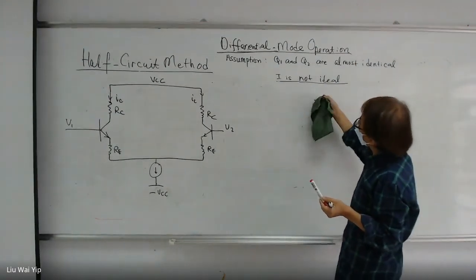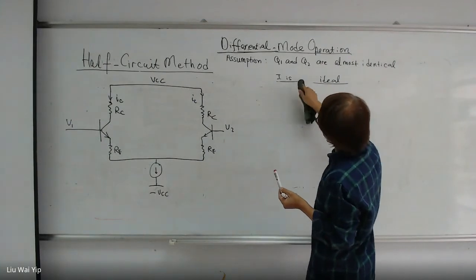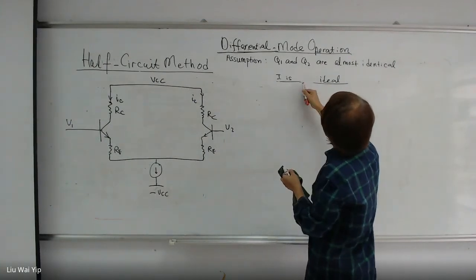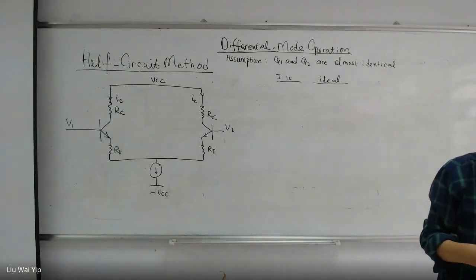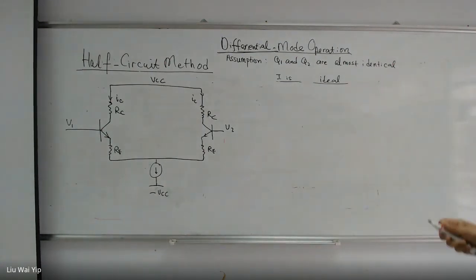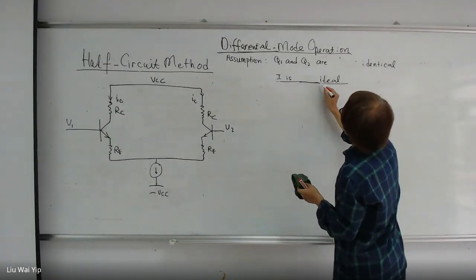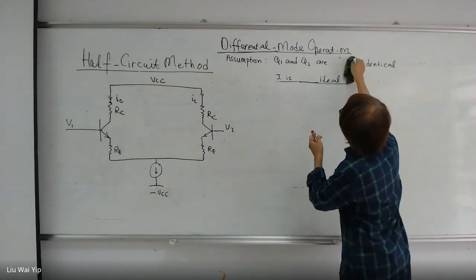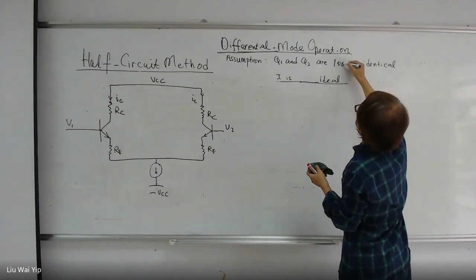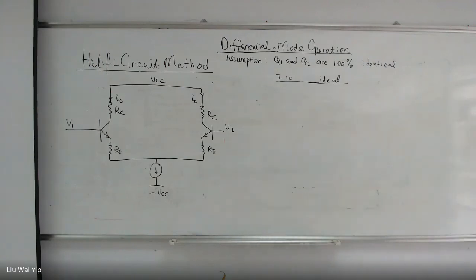Now this time the current source is ideal, and Q1 and Q2 are identical. Okay, we have this circuit here, and we want to find the input resistance.